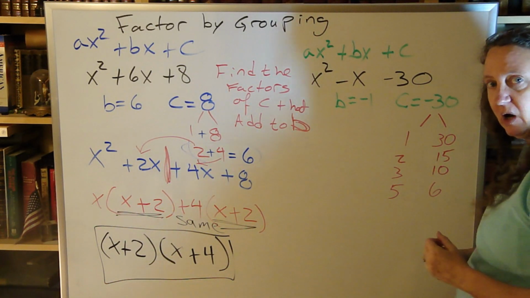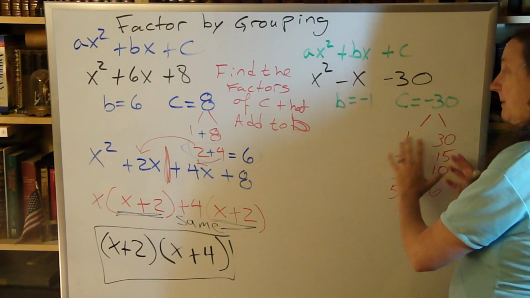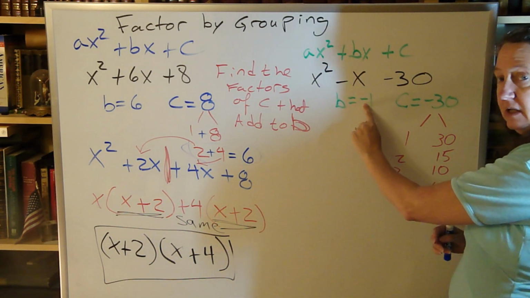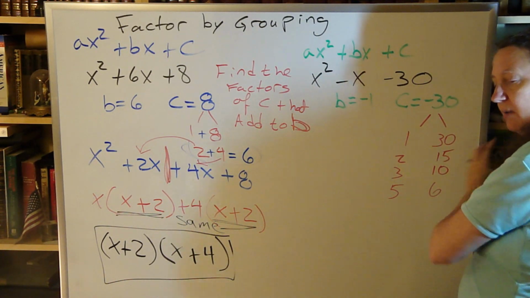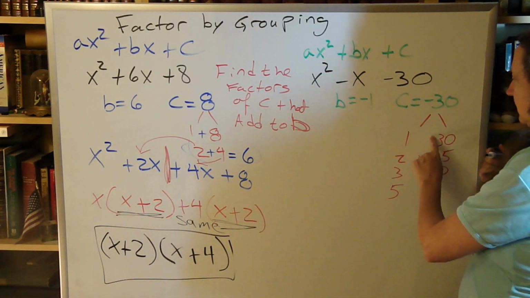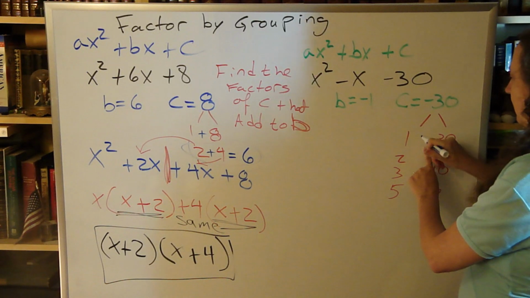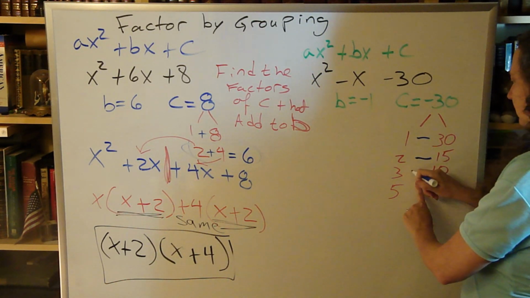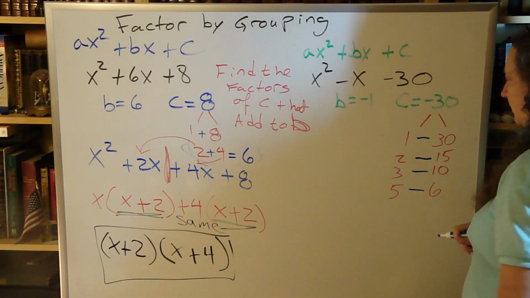I just have to figure out which one. So if I'm adding positives and negatives, and I want to end up with a negative, the bigger number has to be negative. So 30 is bigger than 1, it gets the negative. 15 is bigger than 2, 10 is bigger than 3, 6 is bigger than 5.